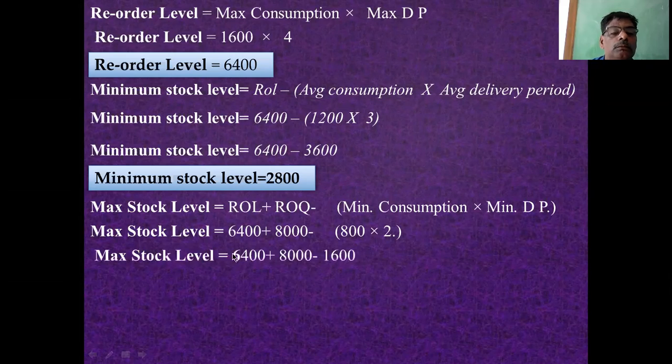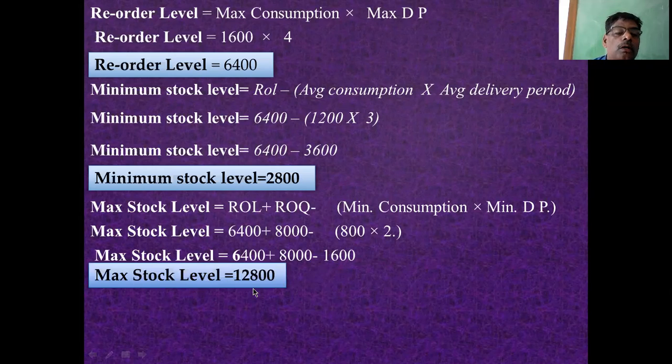That is 6400 plus 8000 minus 1600. Maximum stock level is equal to 12,800.